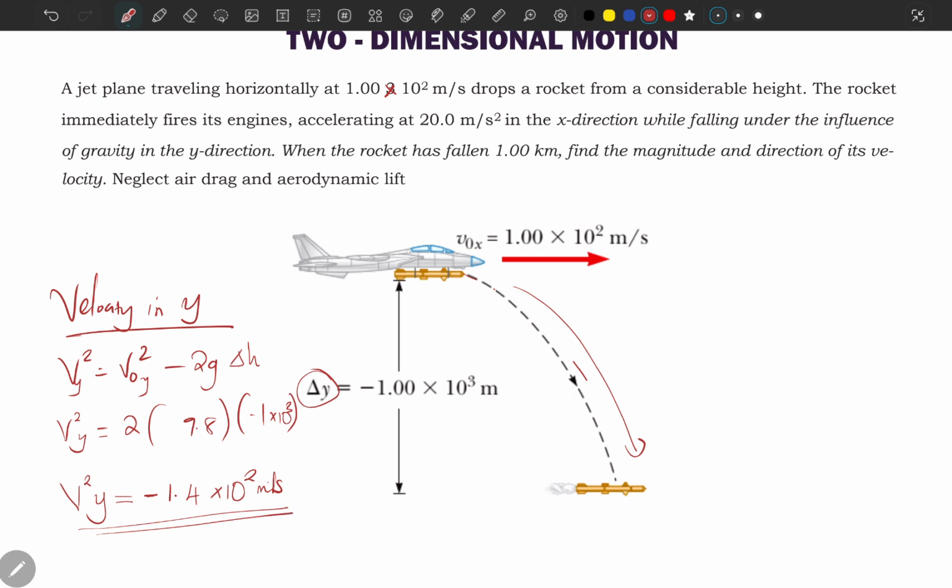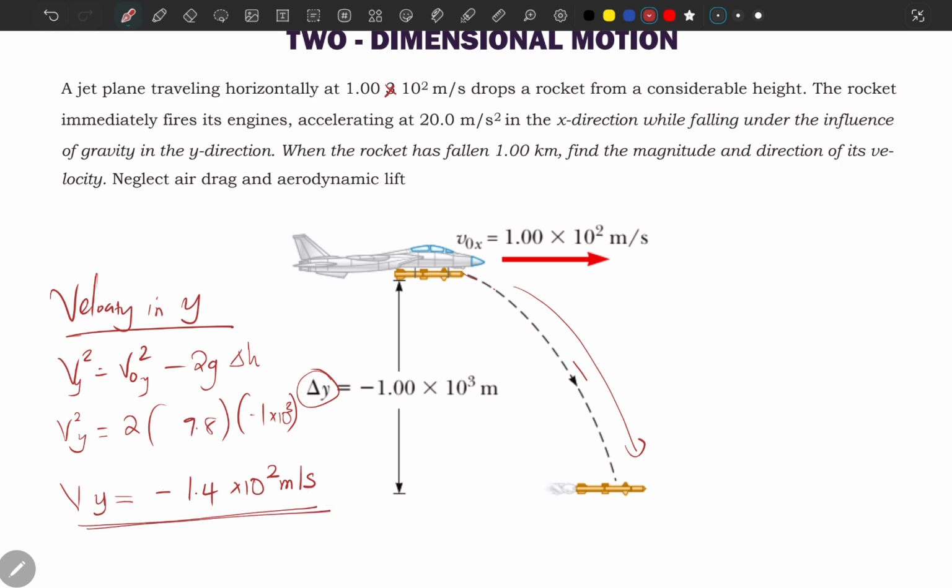Oh, sorry, wait a minute, we need to square root it. After I square root both sides, I'm getting negative 1.4 times 10 to the power 2 meters per second.